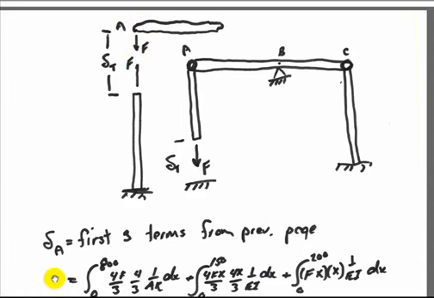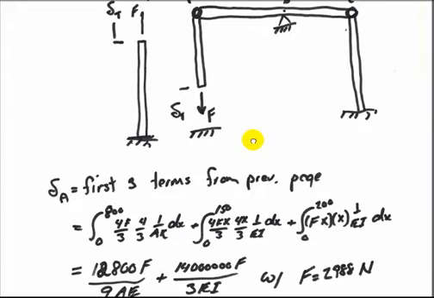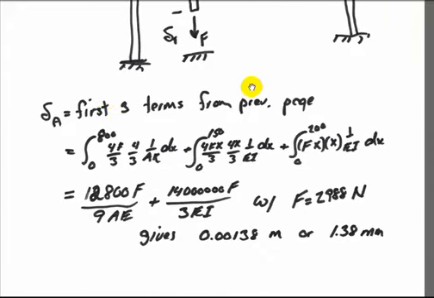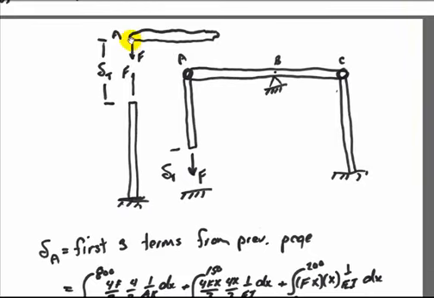Now, the deflection at point A can be solved from the first three terms on our previous page, but we've got to take different partials, and we are still taking partials with respect to F, because F is the load that we've applied here. So we want to calculate the deflection at A because of the load at F.